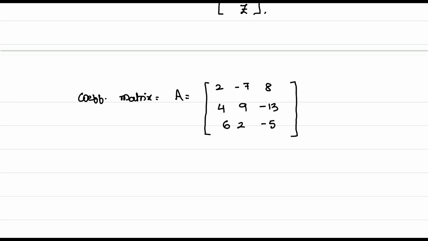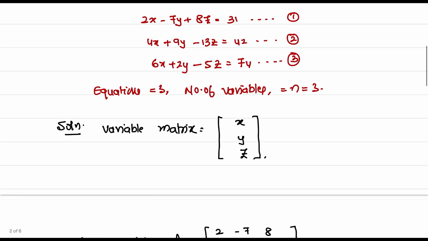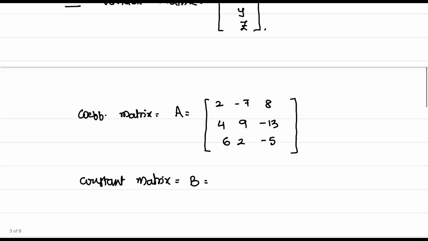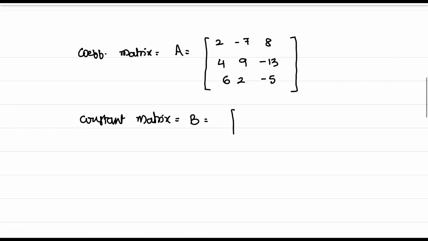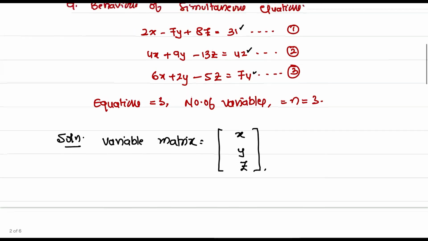What is the constants matrix? We will call it as B. On the right hand side, these are the constants 31, 42, 74. It is a column matrix.